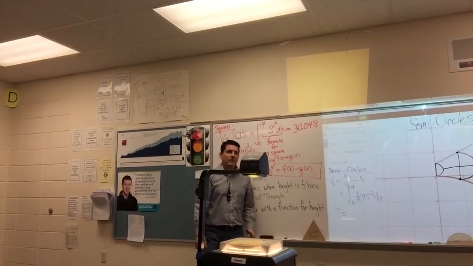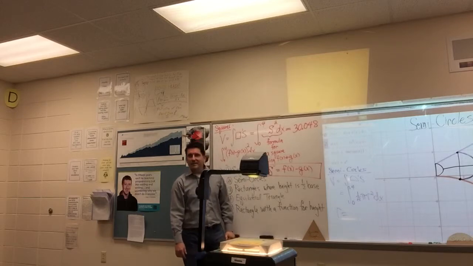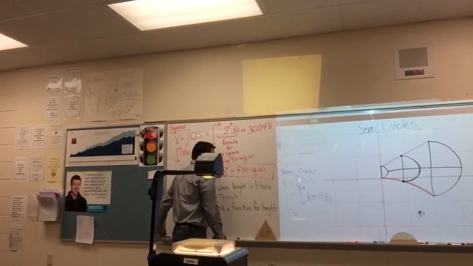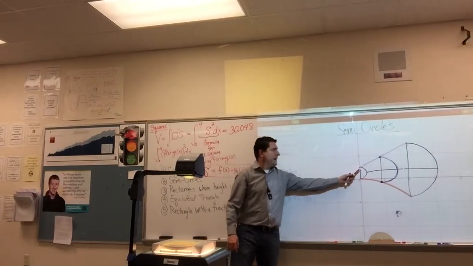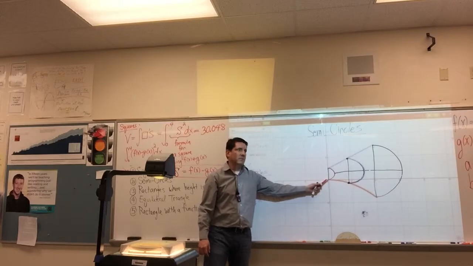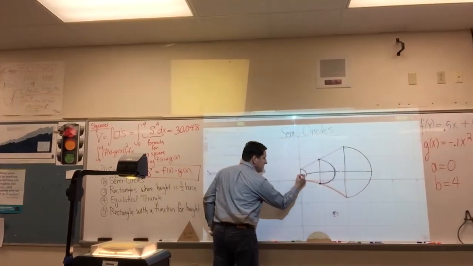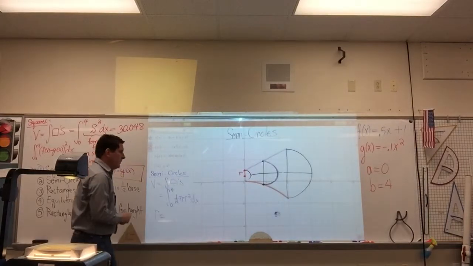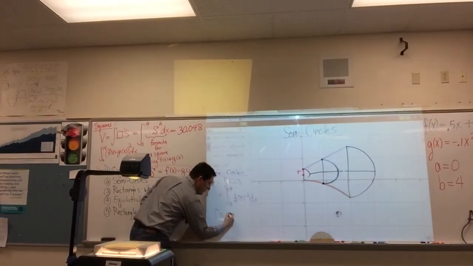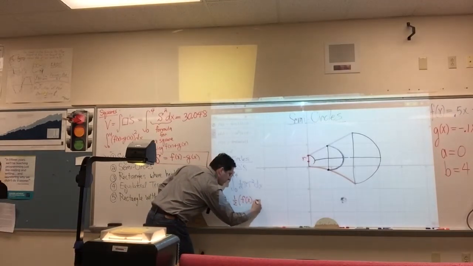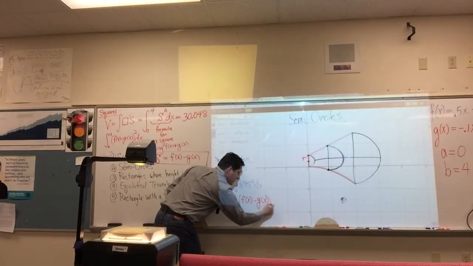If only we could find out what r is. That's right: f of x minus g of x divided by 2, because the radius is only half of this. So r is equal to 1/2 of f of x minus g of x.